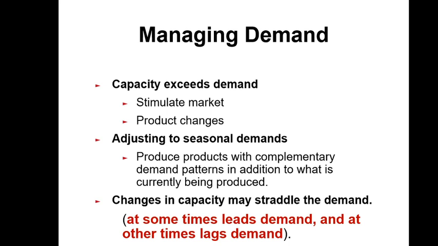Sometimes some companies will produce products with a complementary demand pattern in addition to what is currently being produced. For example, when you go to buy a phone, let's say an iPhone or Samsung, sometimes they will offer you a watch with the package.